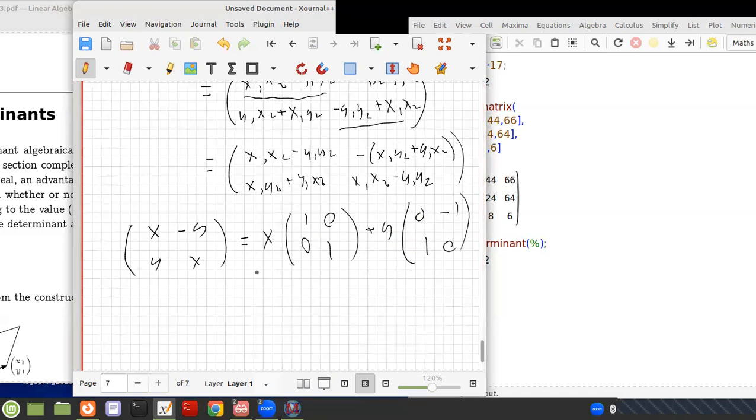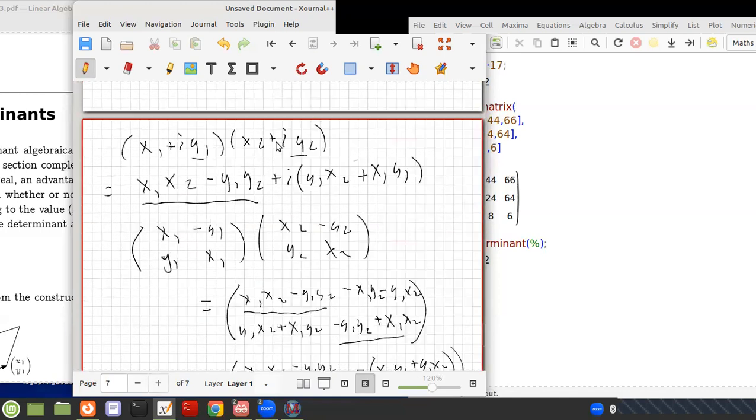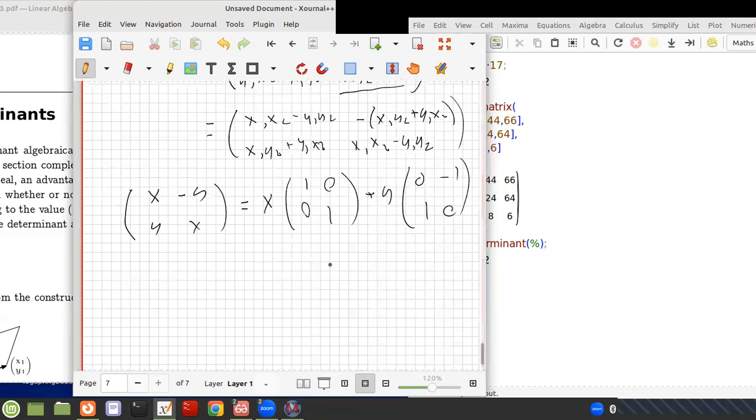Well, this looks a lot like z equals x plus iy. So what I do is I say, well, this is like my 1, right? And this is like i. So if I do (0, minus 1, 1, 0) times (0, minus 1, 1, 0), the first entry equals 0 times 0 minus 1 times 1, so there's a minus 1 there, right?